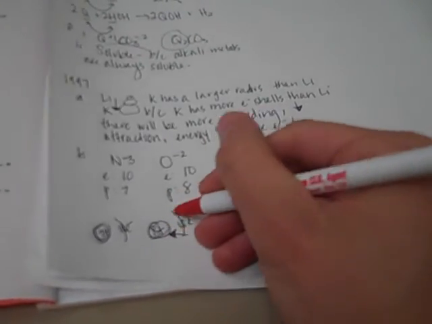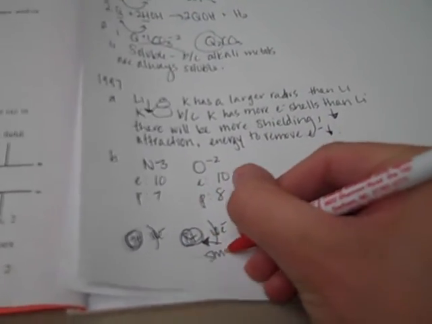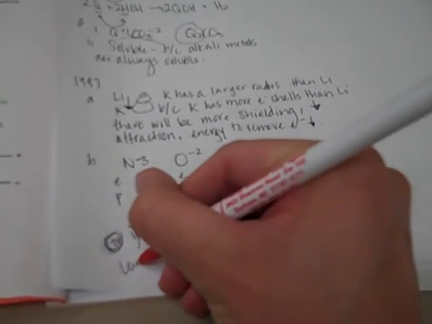I feel like this is really blurry, but I can't figure it out. Okay, so because this pulls in more, this is smaller, and this is larger.